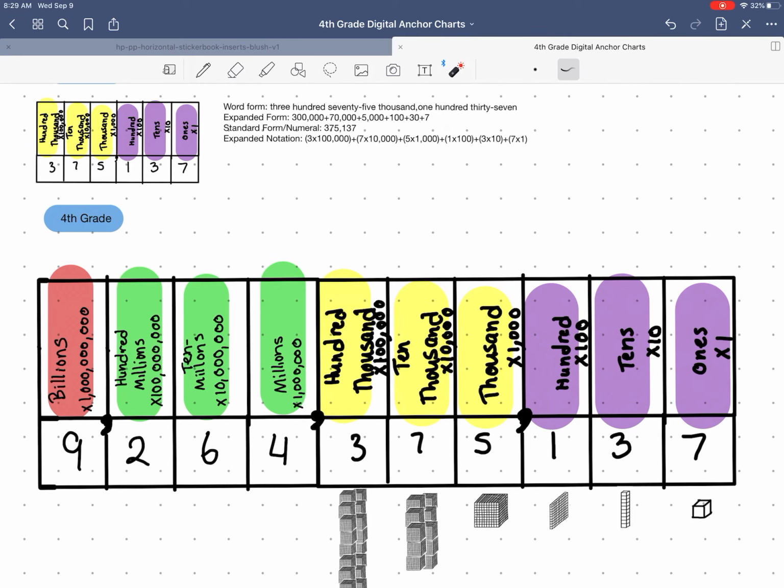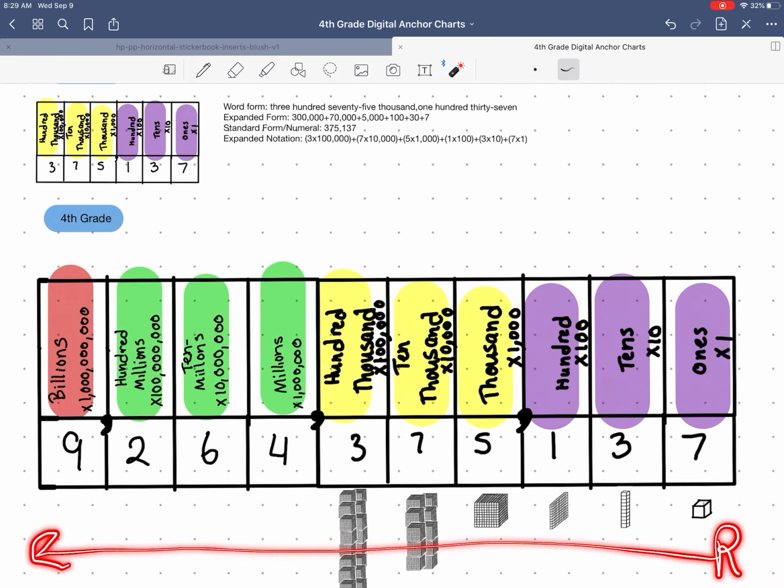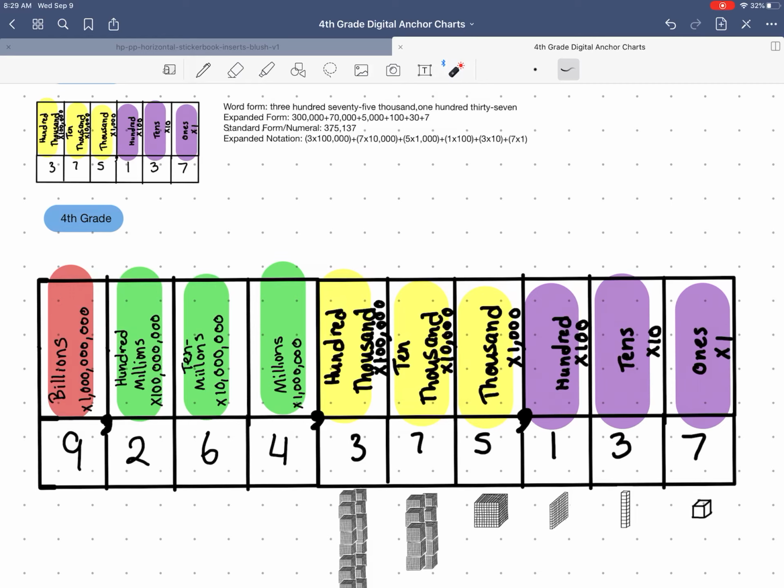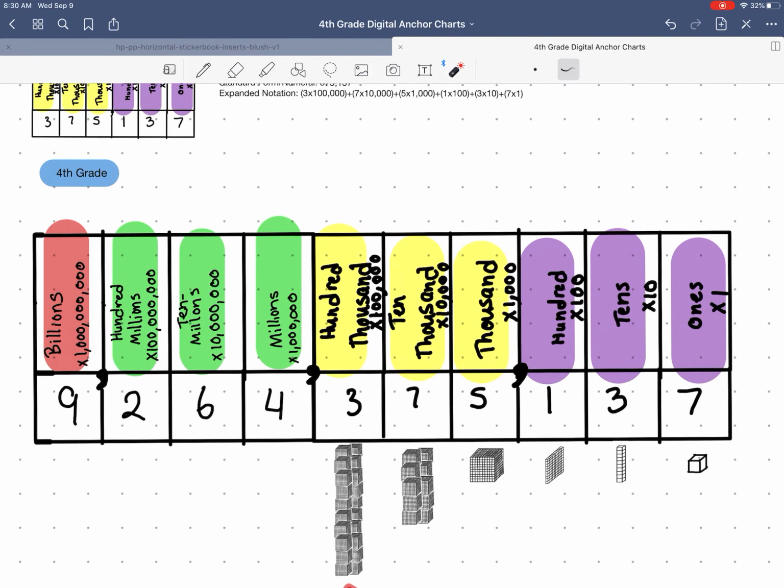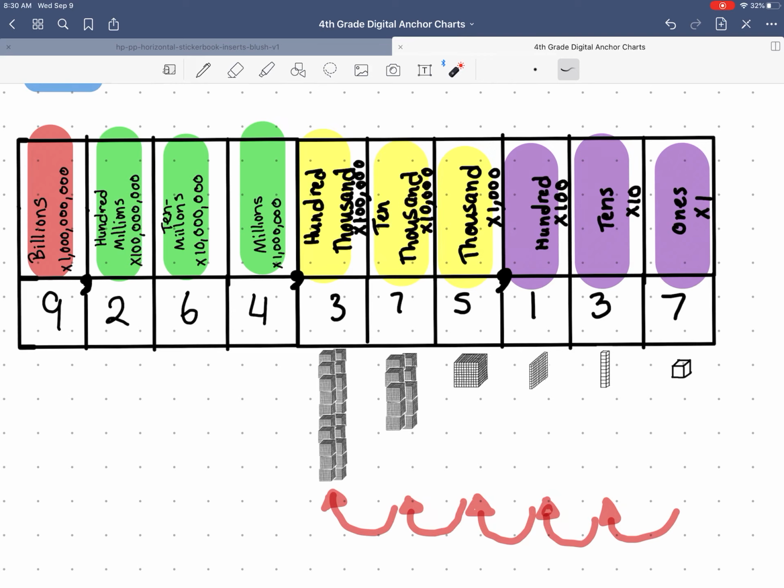So as it goes, we already know that as we go from right to left, it's getting bigger. By how much? Well, how many little ones does it take to get to 10? 10 times. So I know that's times 10.